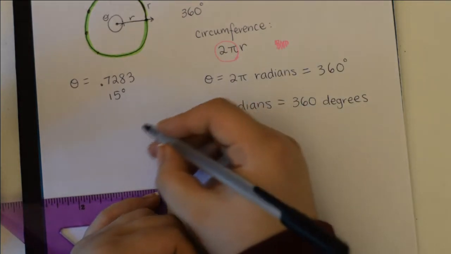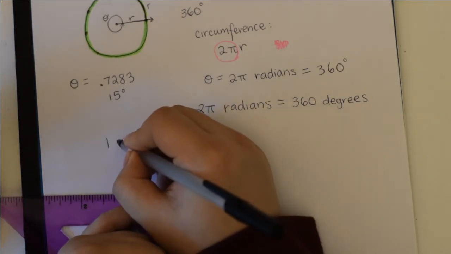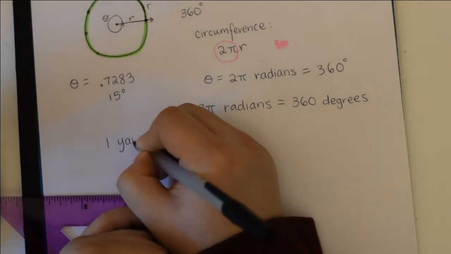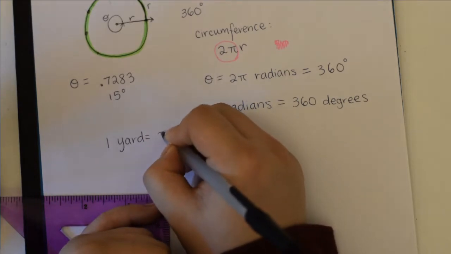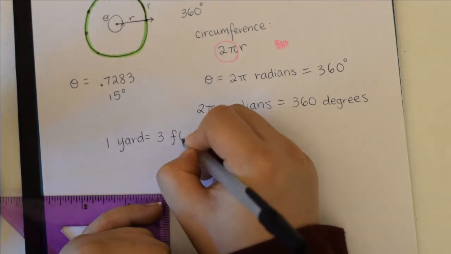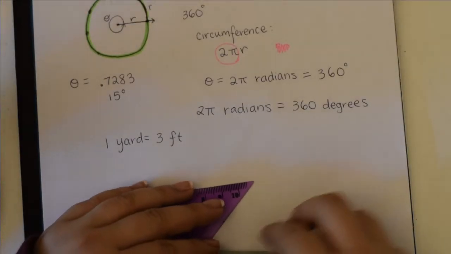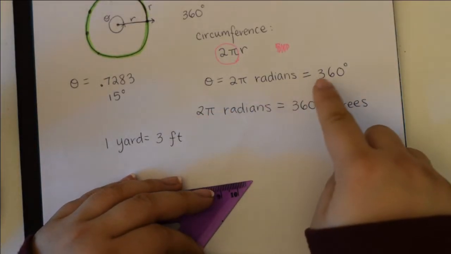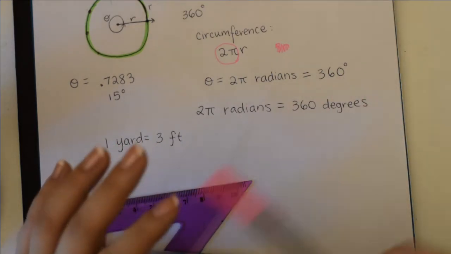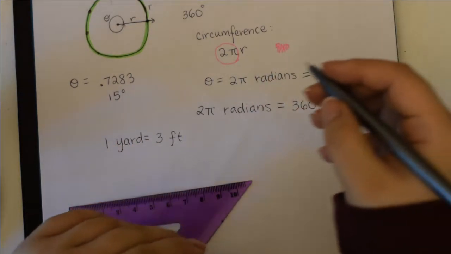Kind of like if I wrote 1 yard equals 3 feet, right? They're equal. So I can divide by 2 on both sides. So here's our algebra.